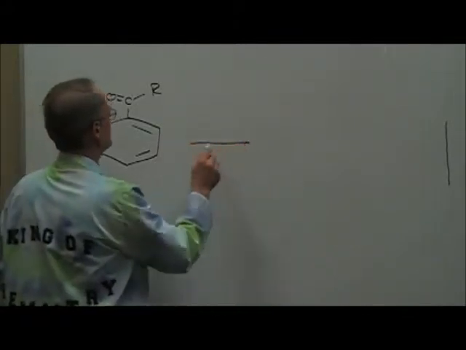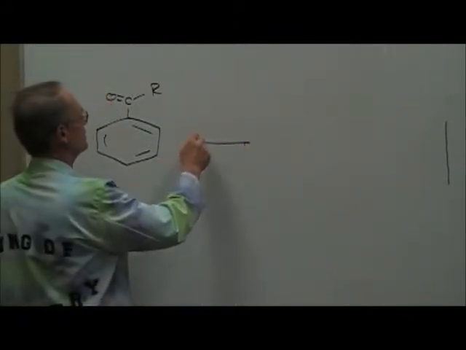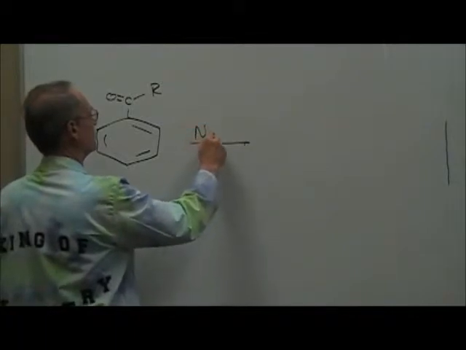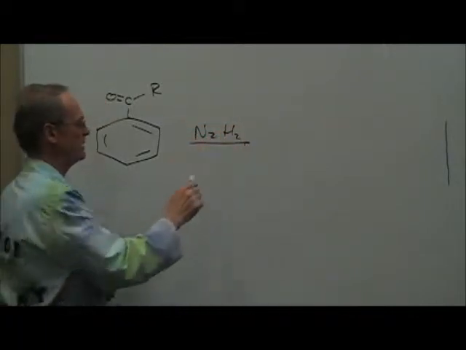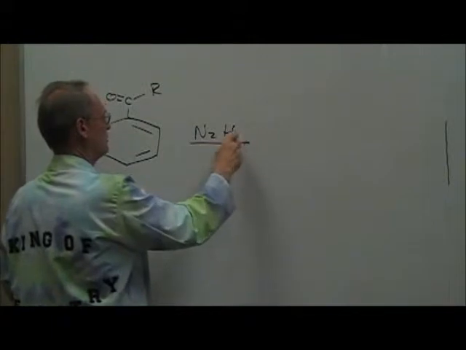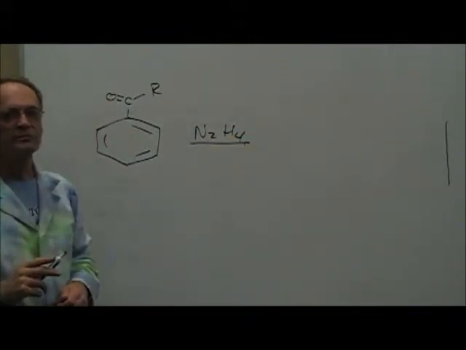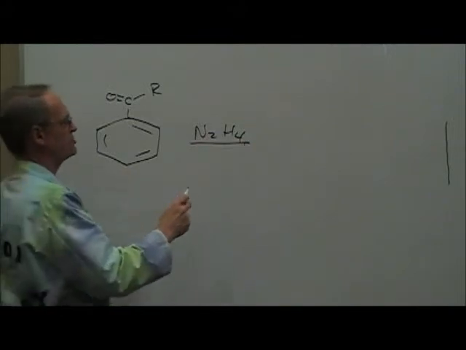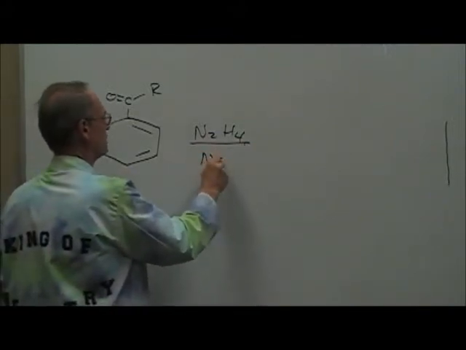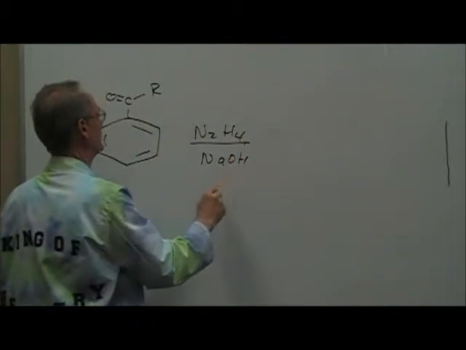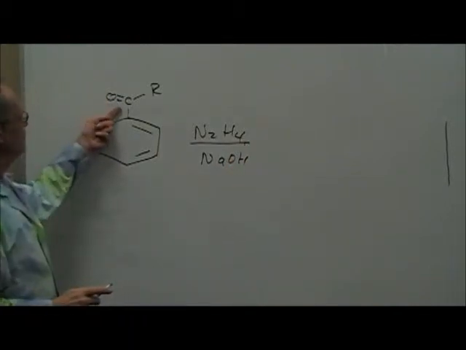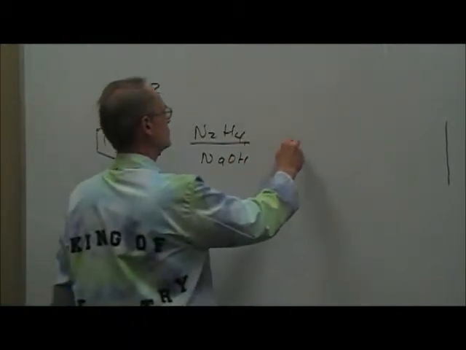But if you already have an acyl group on the benzene ring, you can treat it with a compound called hydrazine, which is N2H4, kind of like ammonia, but not exactly. This is N2H4, and concentrated sodium hydroxide. Essentially, the C=O disappears and becomes a CH2 group.